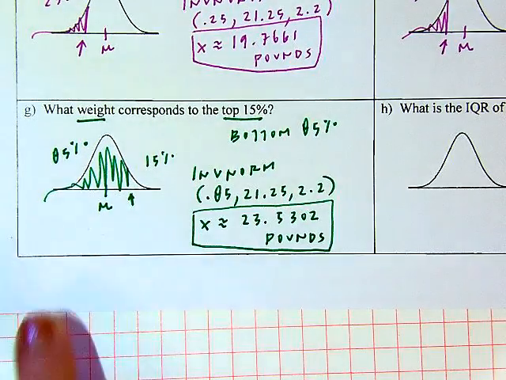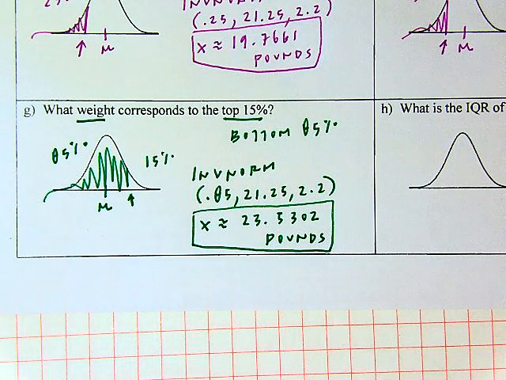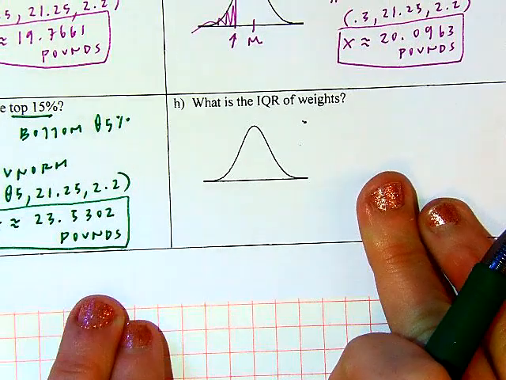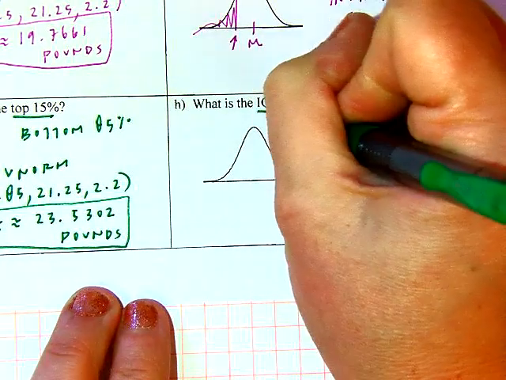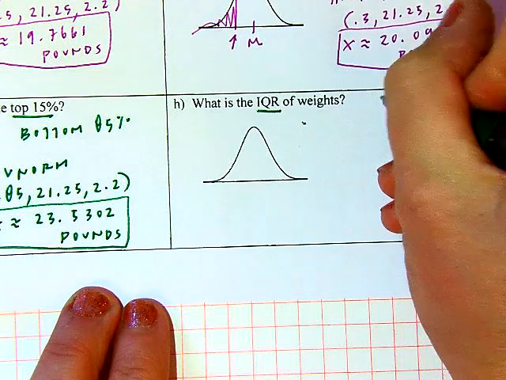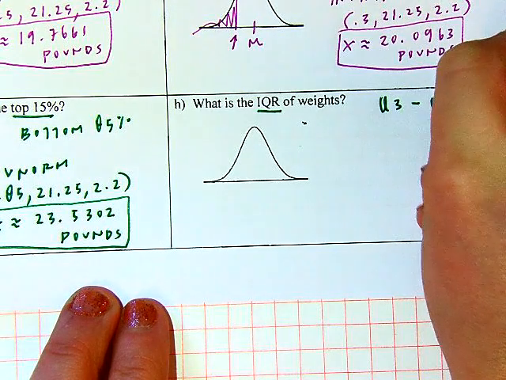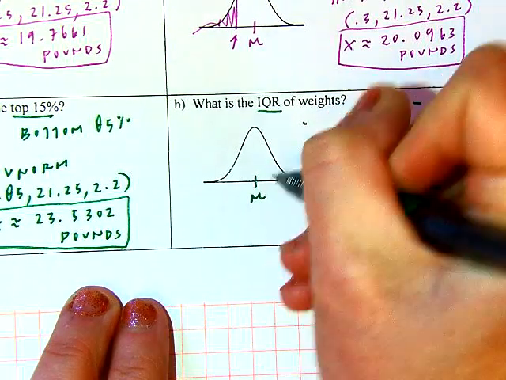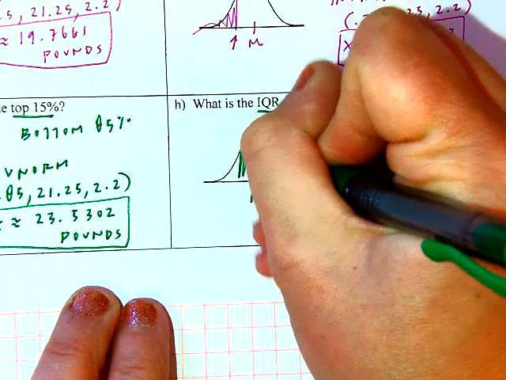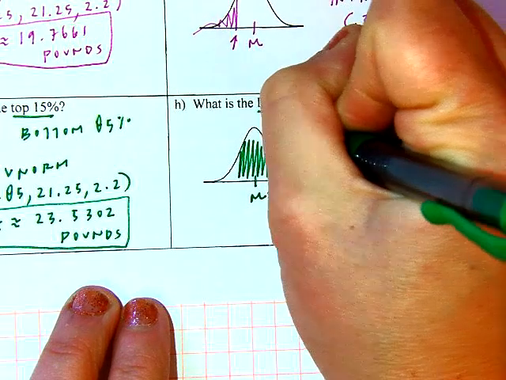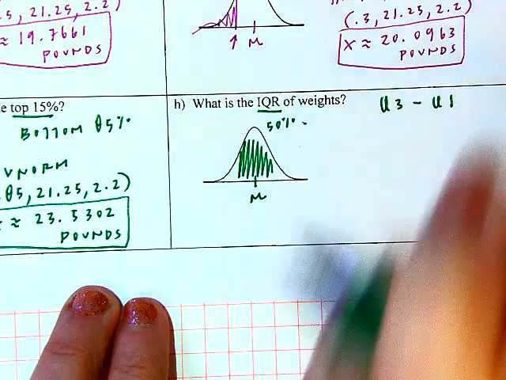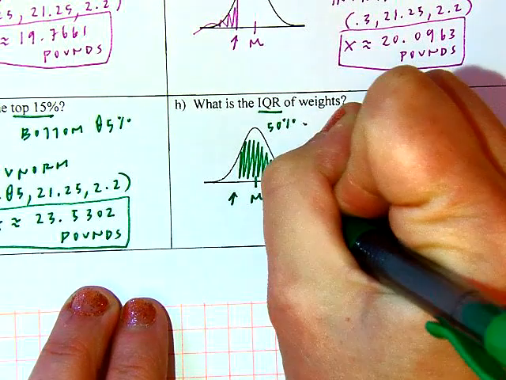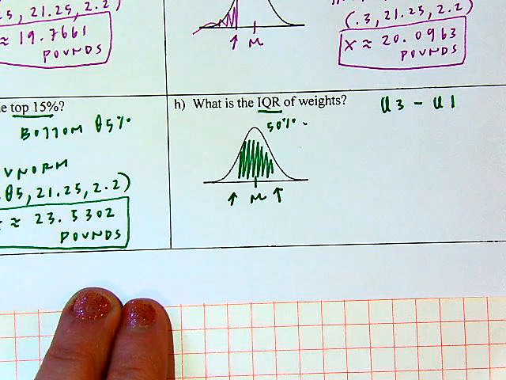Okay, I figure you know the keystrokes at this point, so I'm just trying to move faster. Okay, last one, final problem. What is the IQR of weights? So the IQR is the Q3 minus the Q1. So here, again, here's my mean. I'm looking at how far away are those middle 50% of weights for 12-month baby girls. So I need the marker that's here, and then I just subtract them.